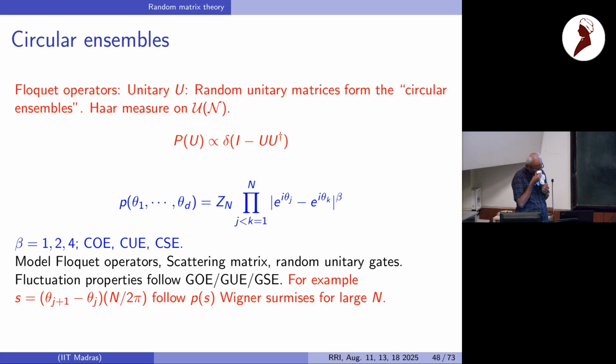People have shown universality results for large N, that the spacing distributions as well as the Wigner semicircle law and so on, a lot of these things are robust against such changes. It's just that these, which are called invariant ensembles because of this underlying group structure, are solvable in some way. We can write down easily joint probability distributions and so on.